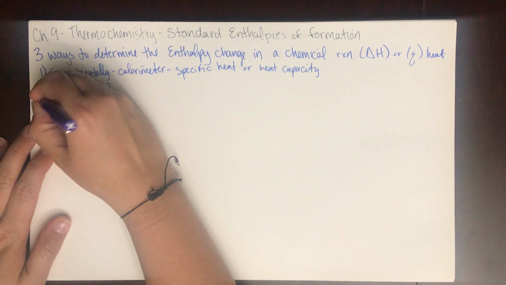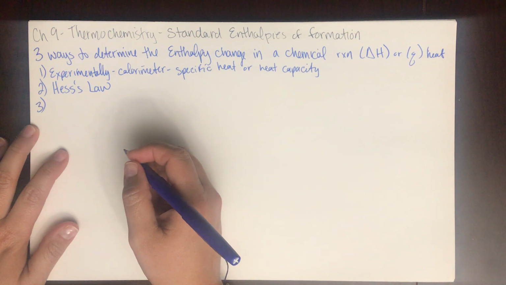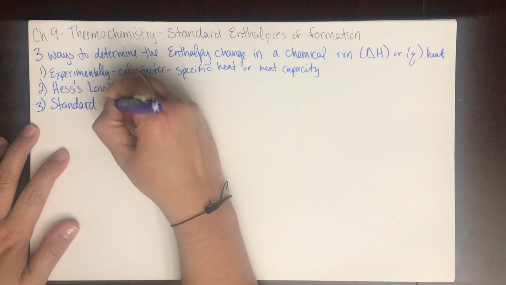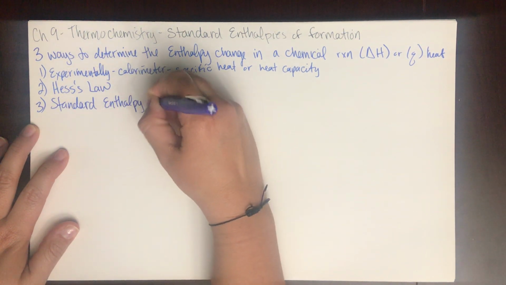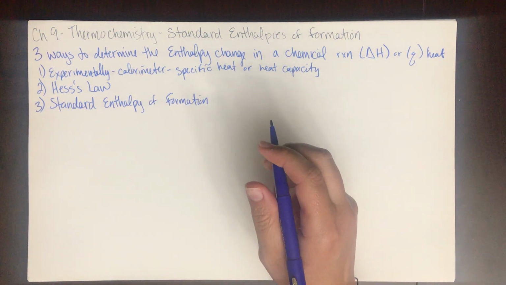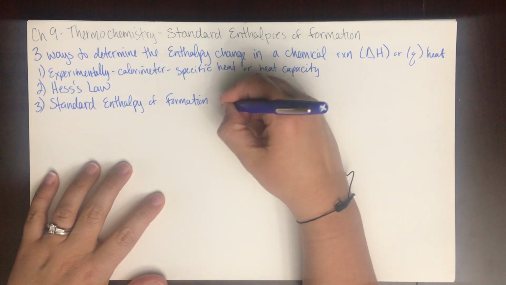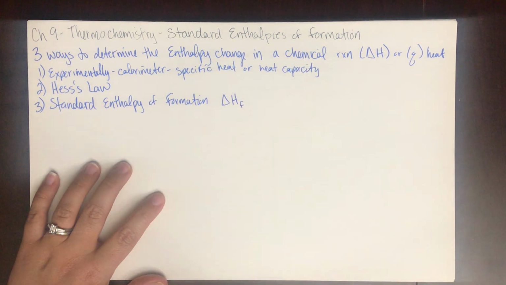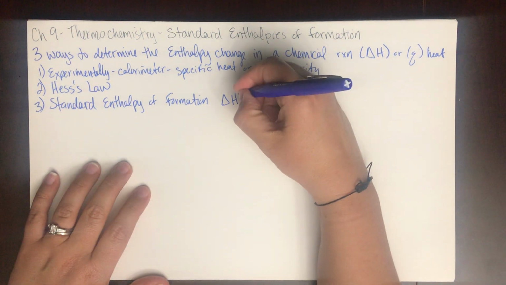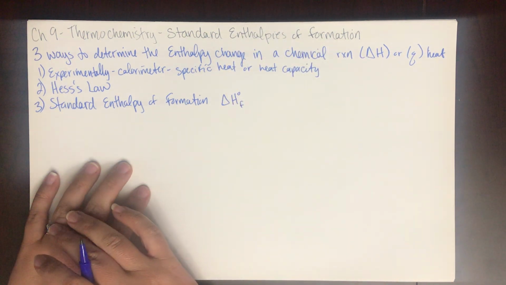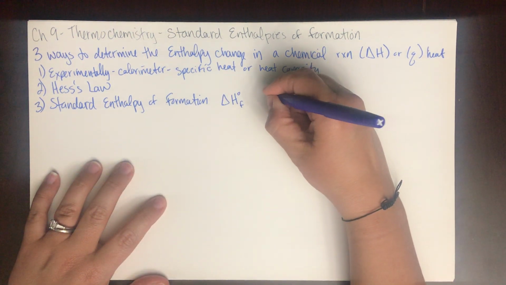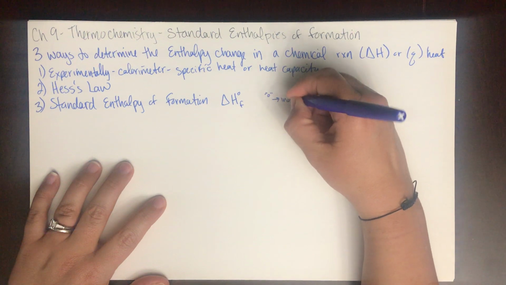The third way, we're going to talk about that today, is called the standard enthalpy of formation. And the standard enthalpy of formation is abbreviated delta H and then this little subscript F. And the standard state has this little degree sign here, and that indicates that we are at standard conditions.